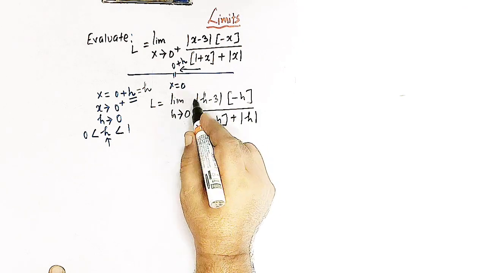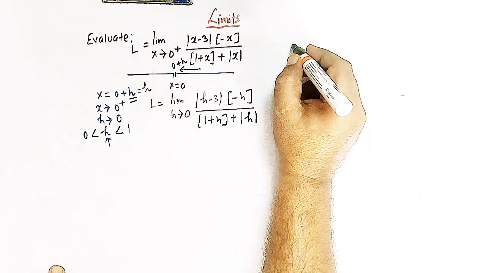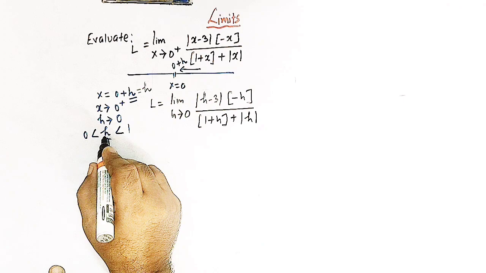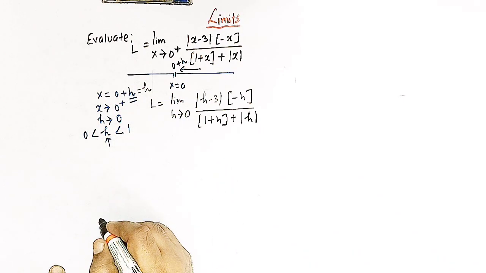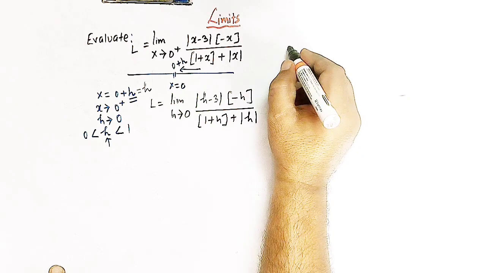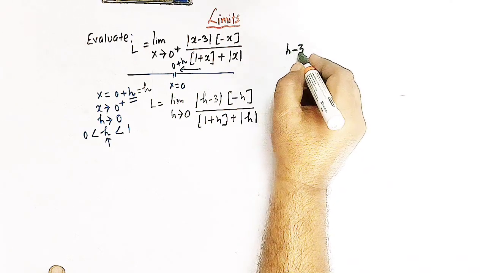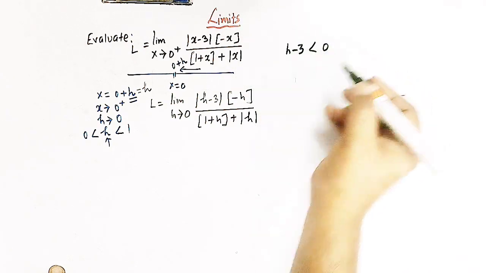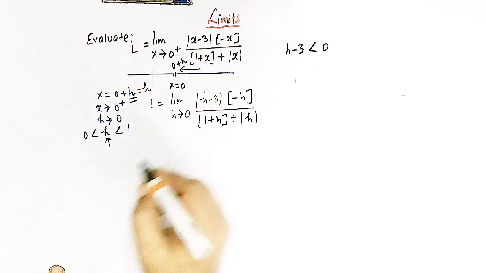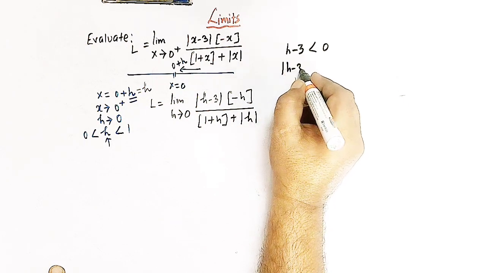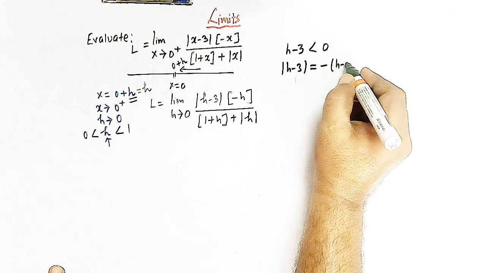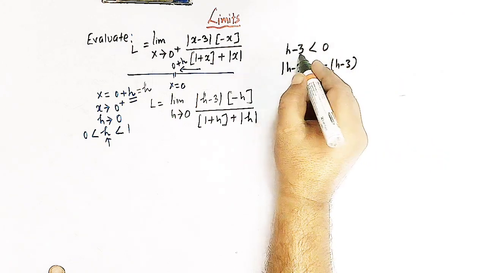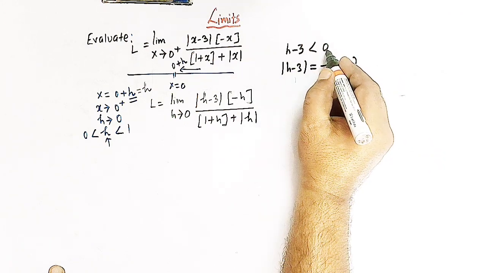Now see, here we have mod of h minus 3. Now we have just seen that h is a positive quantity and it lies between 0 and 1. So this quantity, that is h minus 3, must be less than 0, right? And mod of h minus 3 should be equal to a negative of h minus 3 when h minus 3 is less than 0.